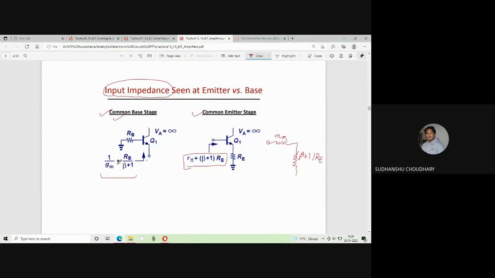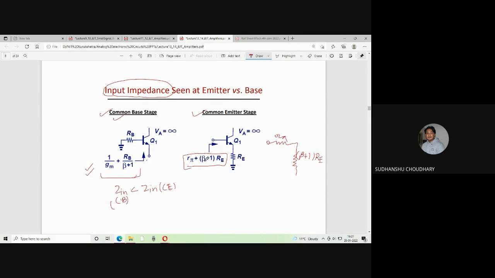So clearly there is a difference between the input impedances of these two amplifiers. The input impedance of common base is small, less than that of common emitter.